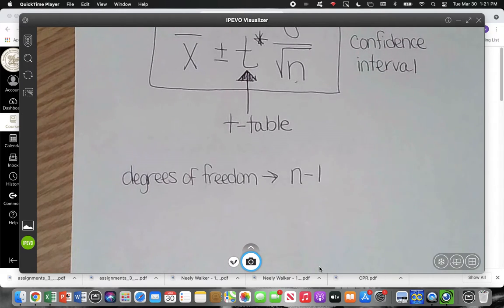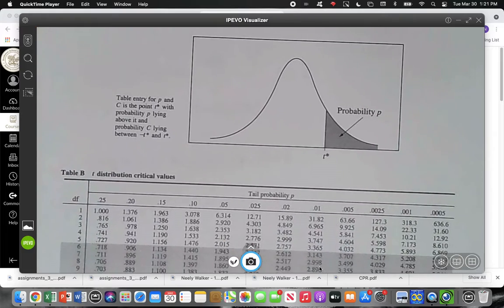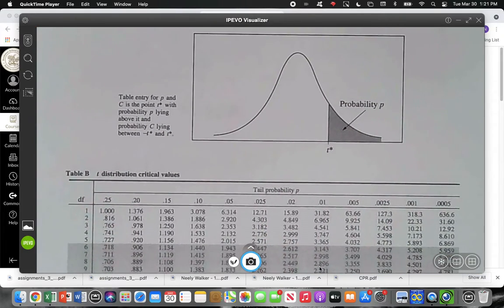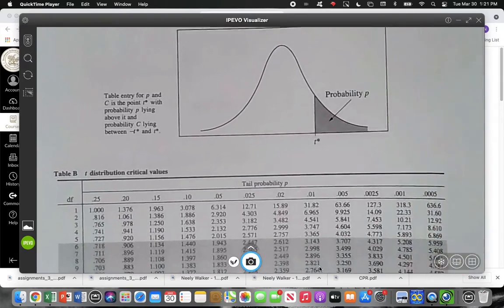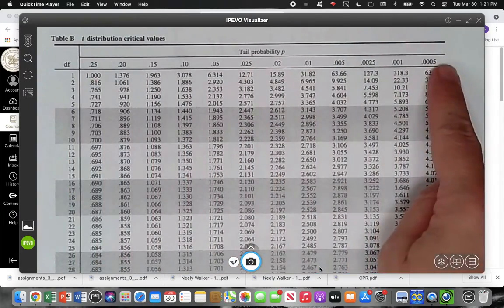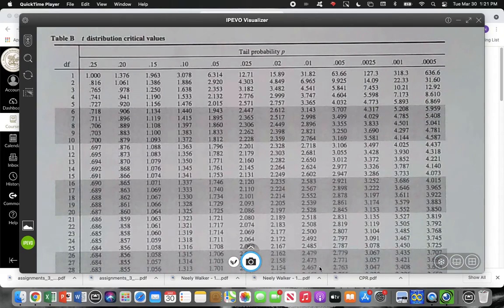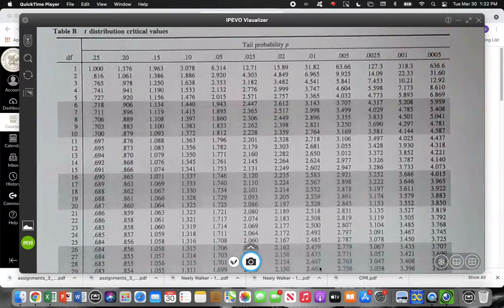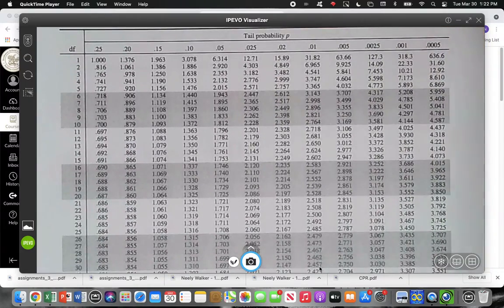And so you can go through the T table. The T table looks a lot like the Z table. We're talking about one tail here. And if you go through the T's, it gives you tail probabilities. And then it also gives you at the bottom, which is so nice, the confidence level.